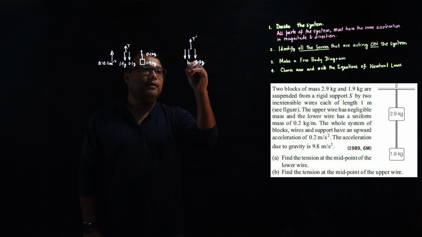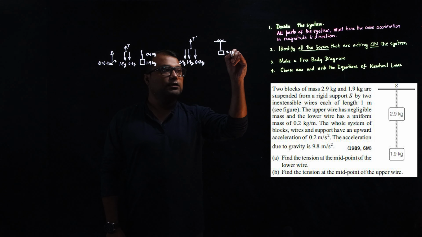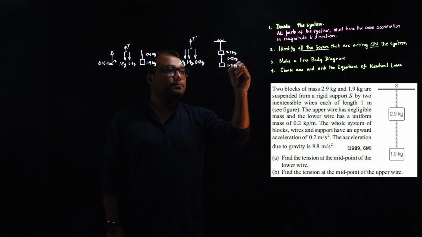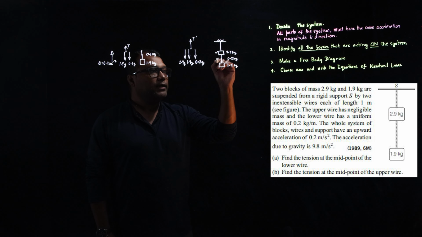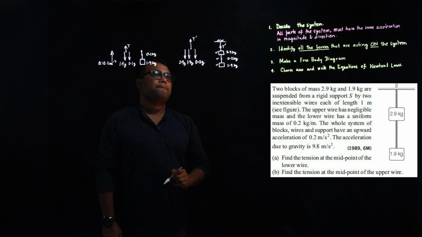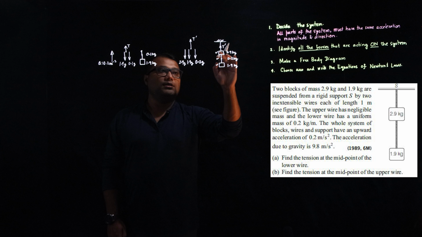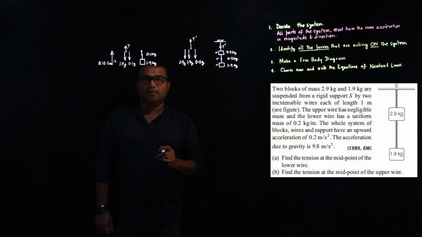So this is the upper string, then we have the 2.9 kg here, then the lower string which weighs 0.2 kg, and then the lower mass which weighs 1.9 kg. All of these weights are supported by T dashed, and this is a massless string, so everywhere the tension is the same.